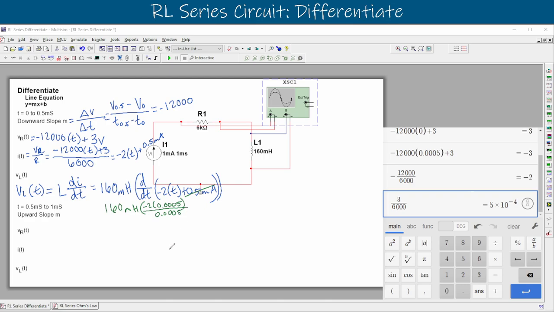We know that if we plug a 0 in for this, 0 times a negative 2 divided by 0 is going to be 0, right? So we can ignore the 0 half of this whole equation and just focus on the part that's actually going to give us a magnitude out.